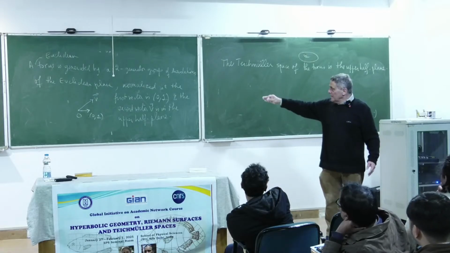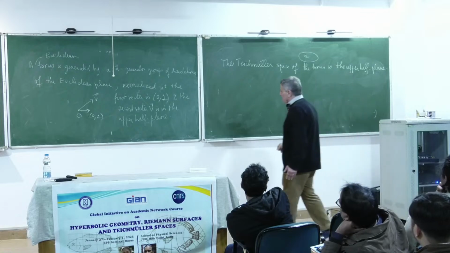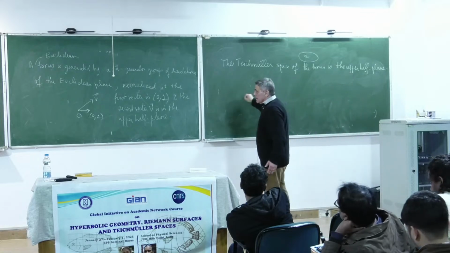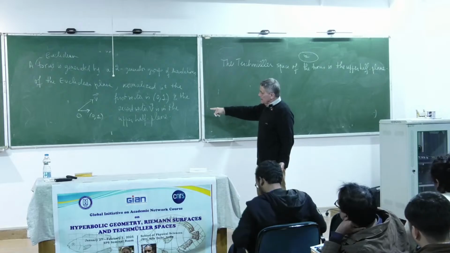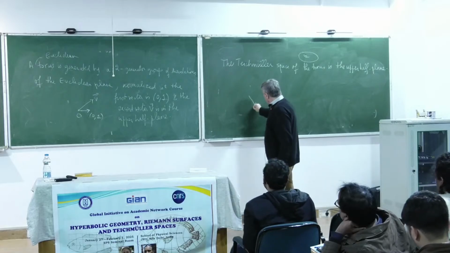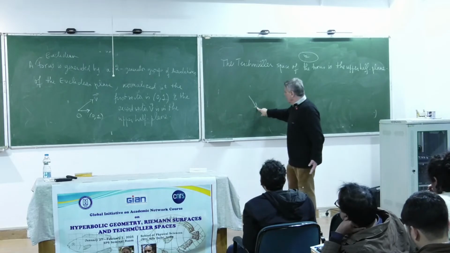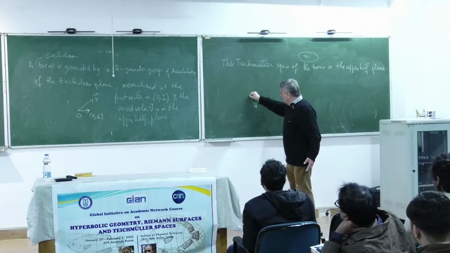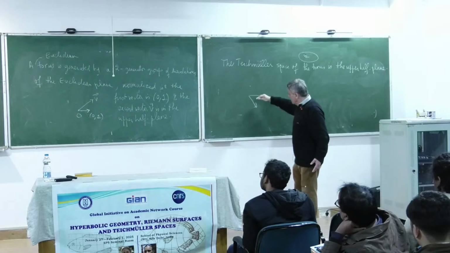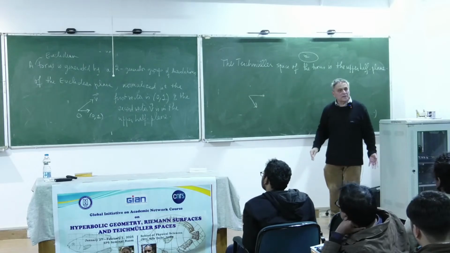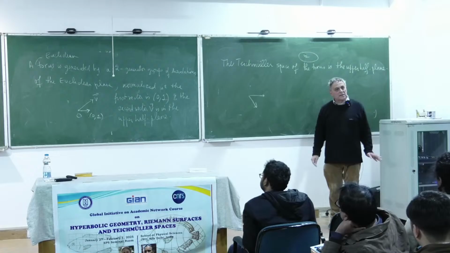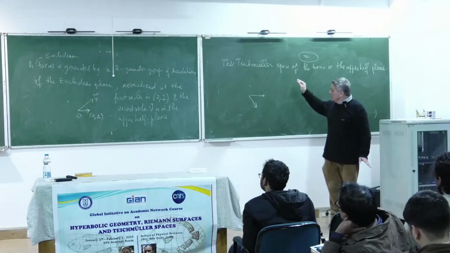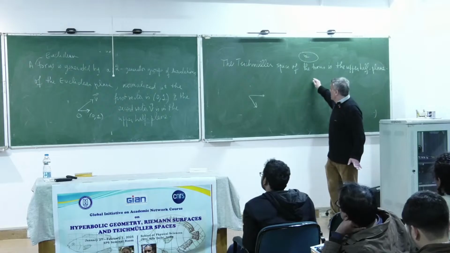Because I could instead normalize such that the first vector is the diagonal vector, and the other vector is situated to the right with respect to orientation. There's nothing special about the upper half plane.